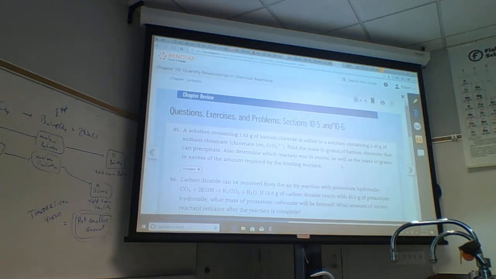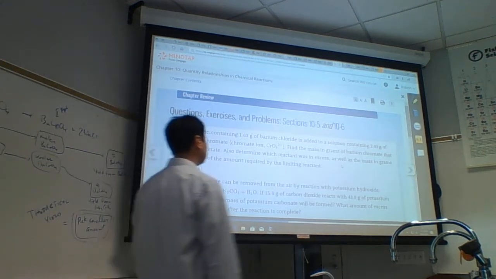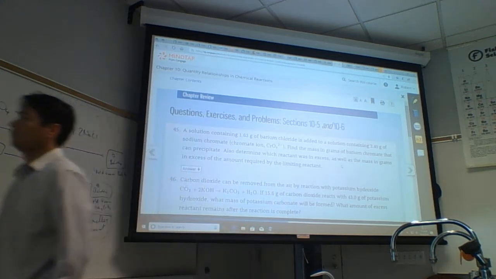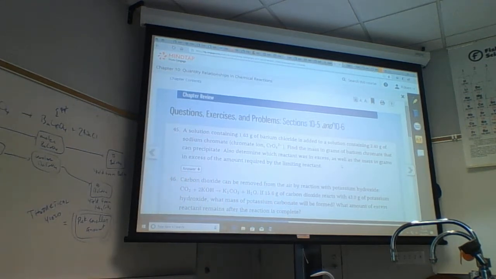And so, okay, let's go ahead and do this. So this is a limiting reagent problem. You can recognize a limiting reagent problem because you're given multiple amounts of reactant.